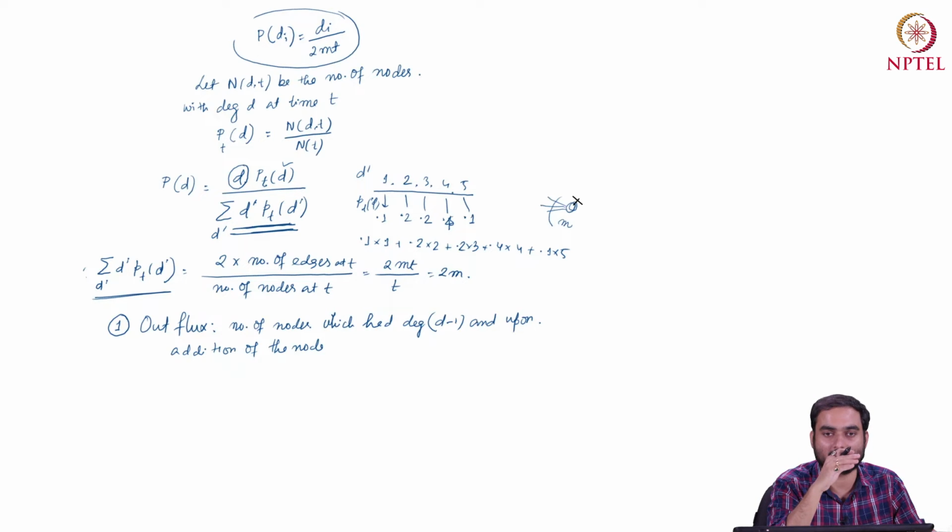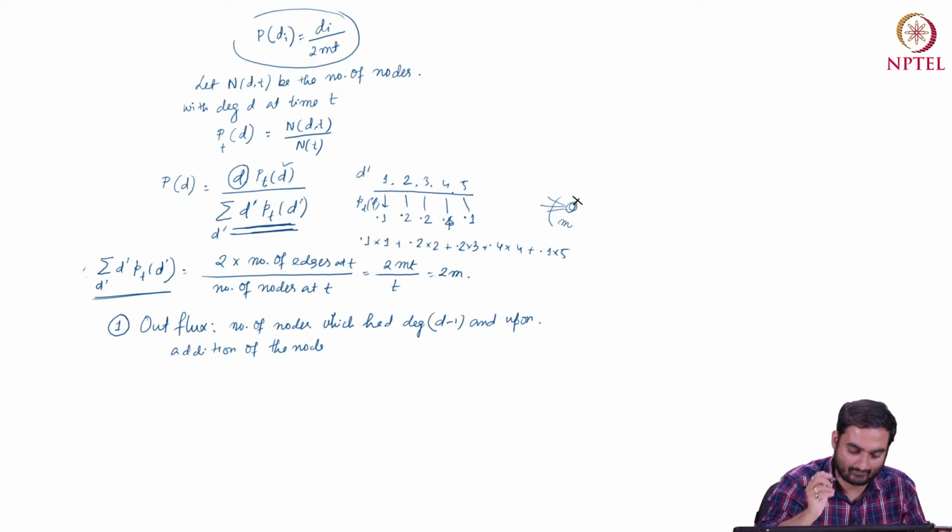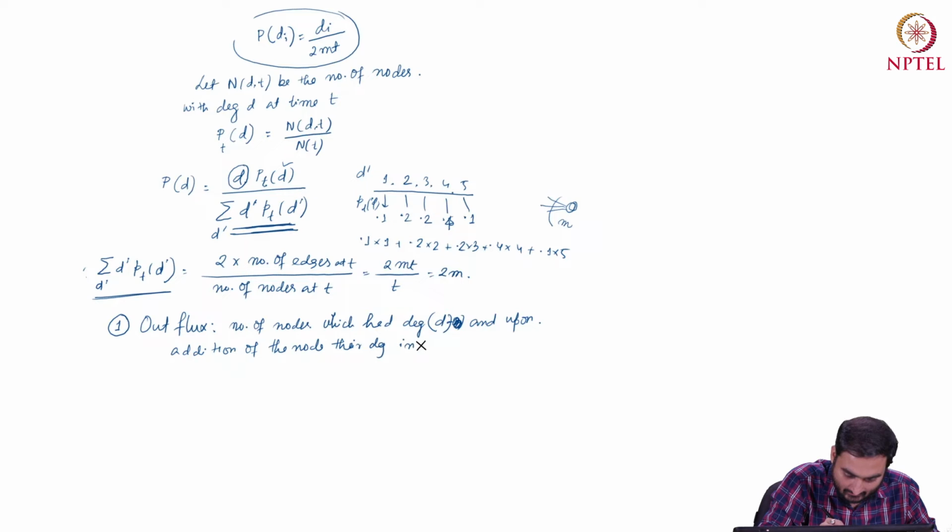They are actually moving out of the system. The system is what we are considering at the current timestamp. So the number of nodes which had degree d, sorry, it is d, not d plus 1, which has degree d, and upon addition of the node, their degree increases to d plus 1.